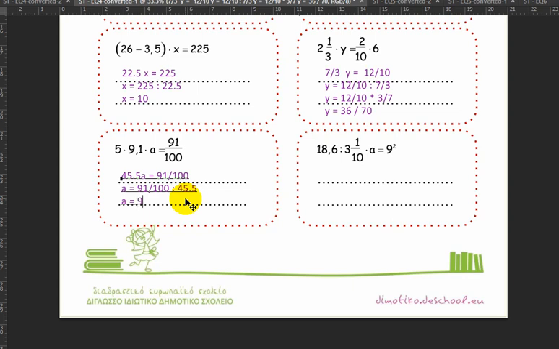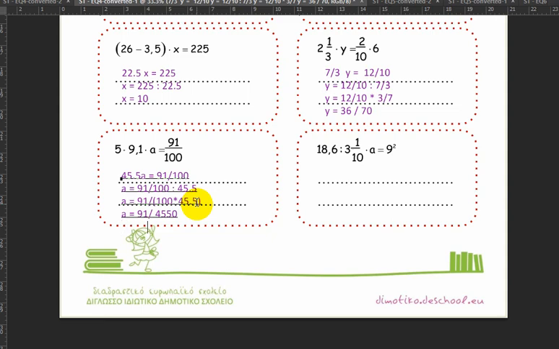A is equal to 91 over 100 multiplied by 45.5. Careful, the 100 is the one multiplied by 45.5, so this should be put in parentheses. So a will be equal to 91 over 4,550.